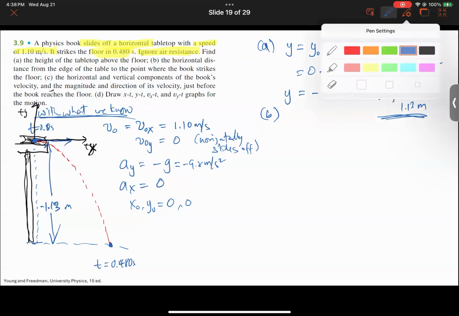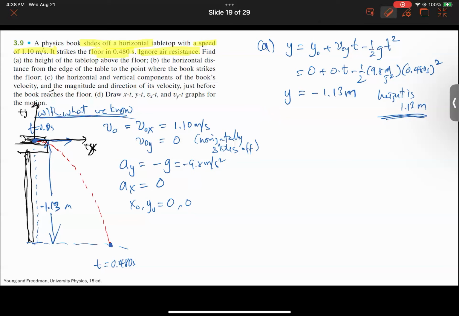Okay, so sa letter B, ang pinapahanap is the horizontal distance from the edge of the table to the point where the book strikes the floor. So, horizontal distance from the edge of the table, okay, so dito, halimbawa dyan siya nalaglag. Okay, well, hindi ko sinabi na nalaglag siya from the edge, no?